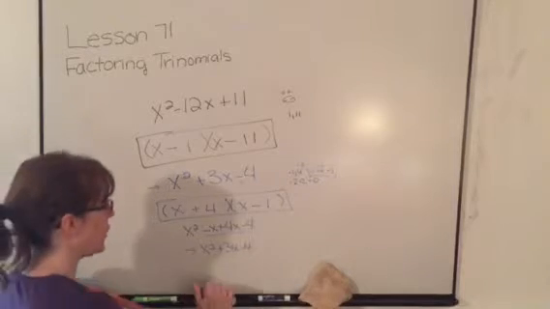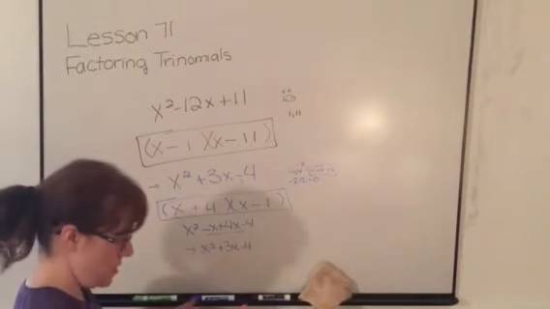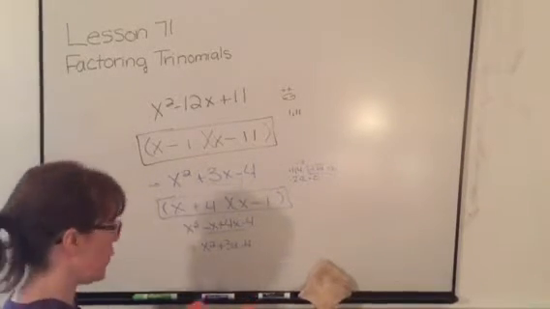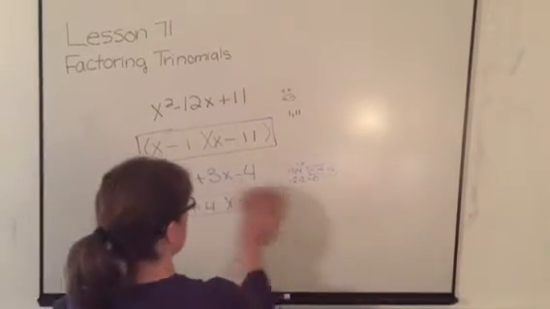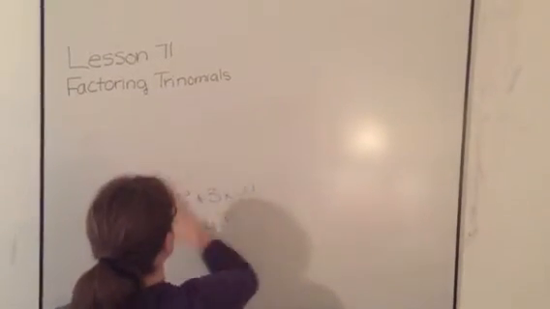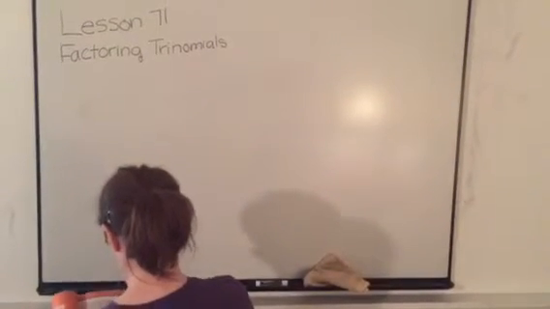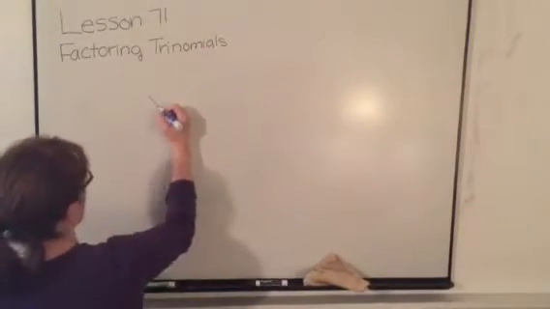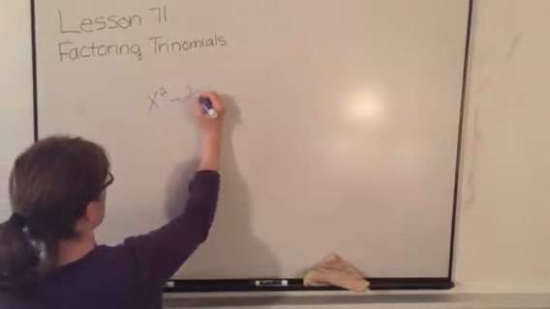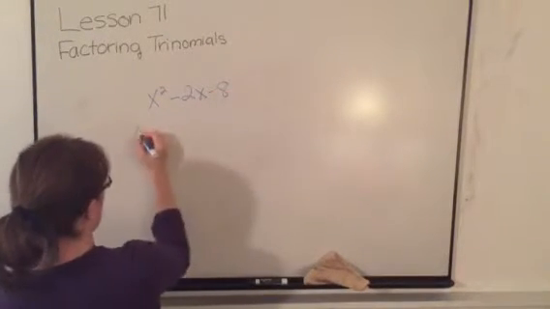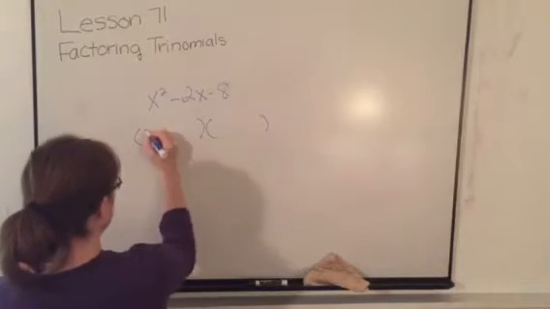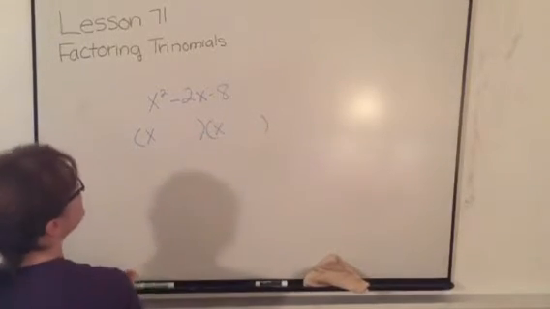Let me see if there's one more kind that I need to do for you. All right, let's do if they're both negative, okay? All right, both negative. So we have x squared minus 2x minus 8. We know that that's going to be x.